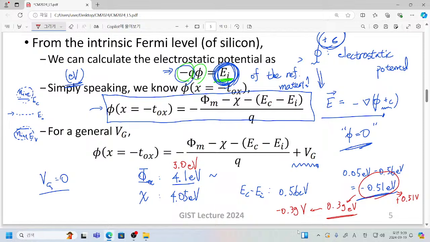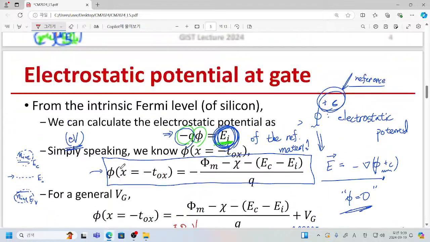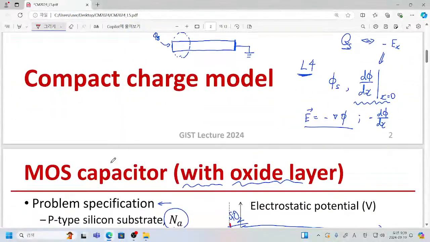So please note that there is always a sign conversion between energy and voltage, but please don't be fooled by this conversion procedure.